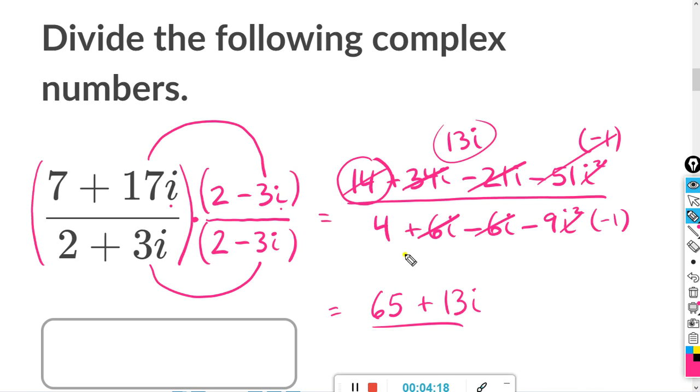In the denominator, negative 9 times negative 1 is positive 9. And 4 plus 9 is just 13. Okay, 65 is not divisible by 13, so this is the final answer right here.